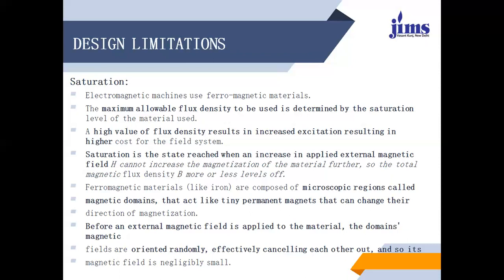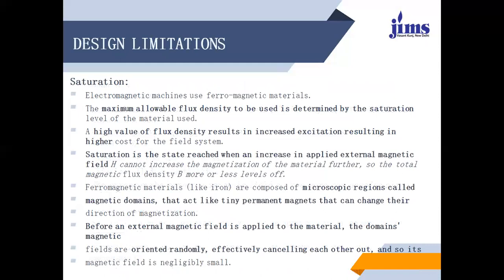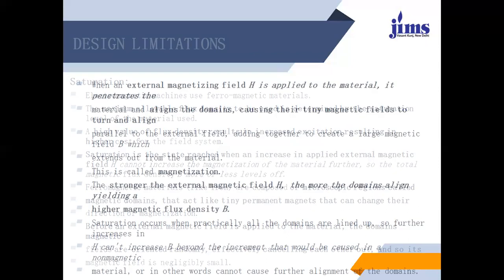Ferromagnetic materials like iron are composed of microscopic regions called magnetic domains that act like tiny permanent magnets that can change their direction of magnetization. Before an external magnetic field is applied to the material, the domains' magnetic fields are oriented randomly, effectively cancelling each other out, so the magnetic field is negligibly small.